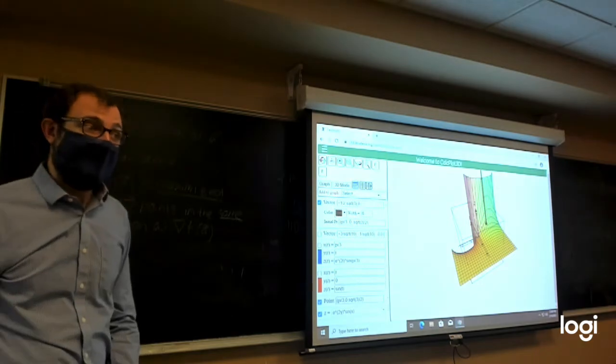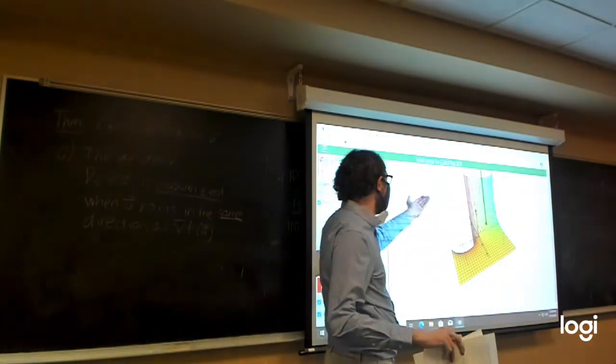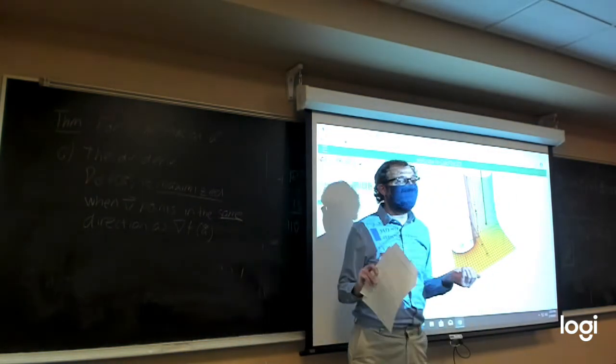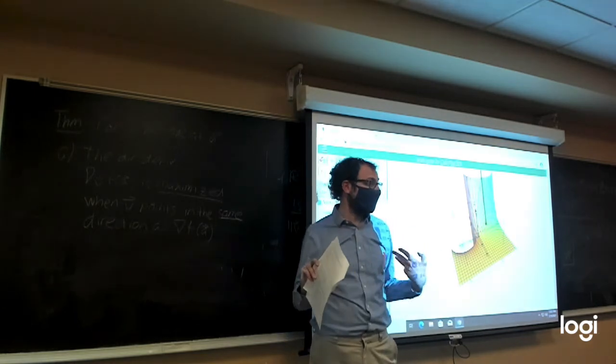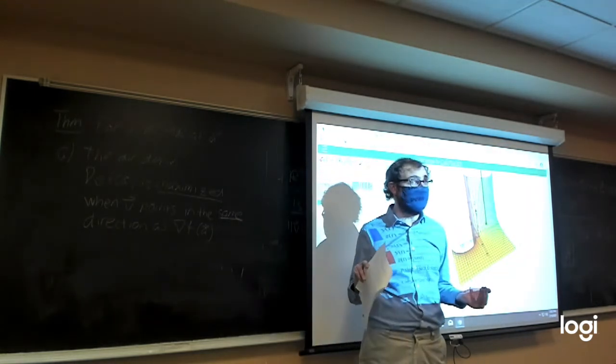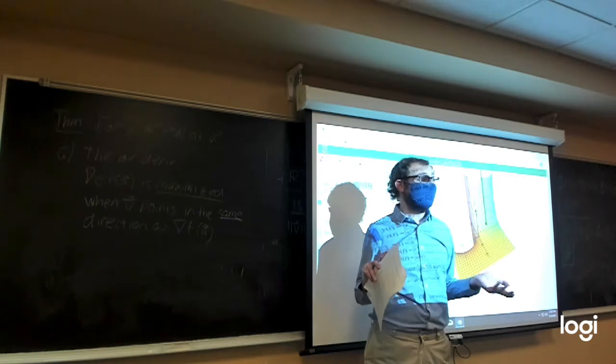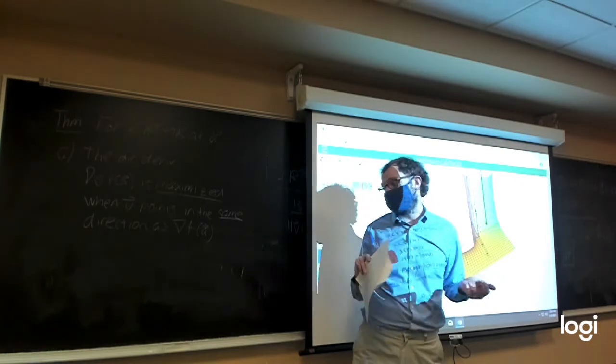So in other words, if you're standing on your function at a point and you want to know what's the steepest, most uphill direction that you can walk in, it's going to be in the direction that the gradient vector is going to be pointing.